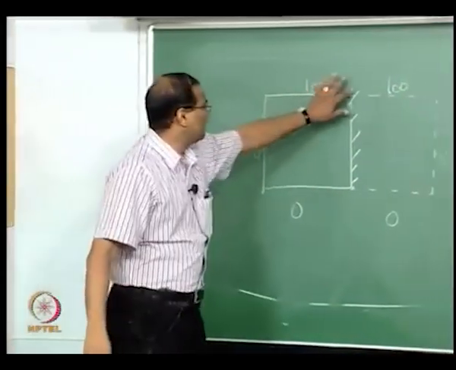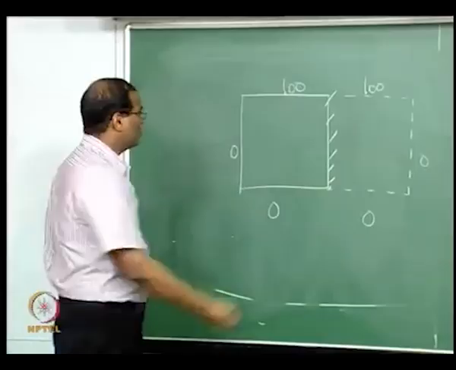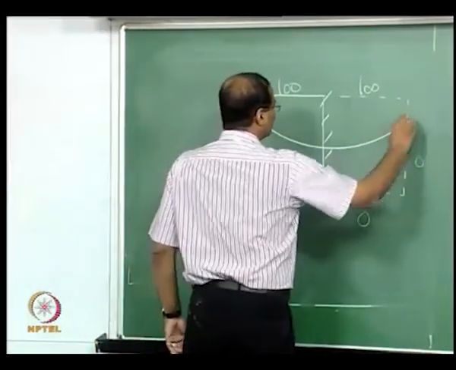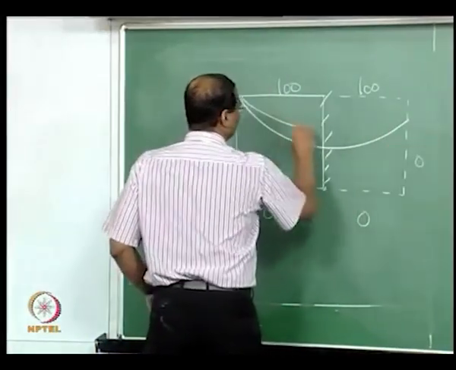Now it will just become a 100-0-0-0 problem. So you may get isotherms like this, then you cut the isotherm up to here.